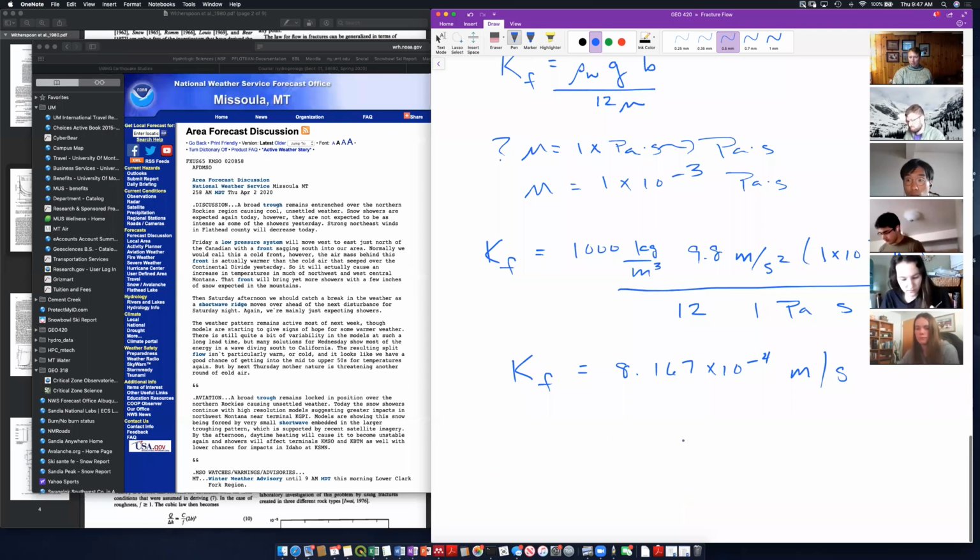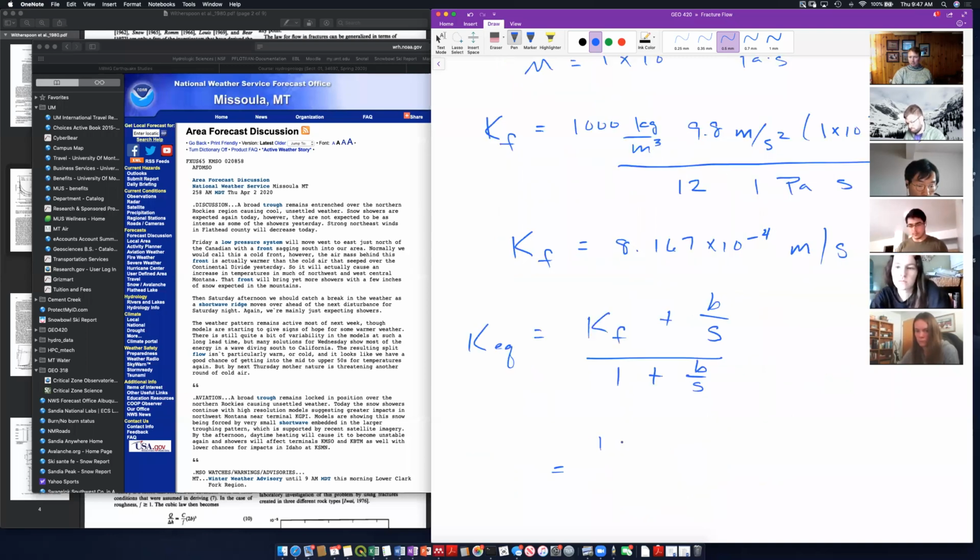So K sub M plus B over S times K sub F over 1 plus B over S. Okay. So we plugged in values. So 1 times 10 to the negative 8 meters per second plus 1 times 10 to the negative 6.